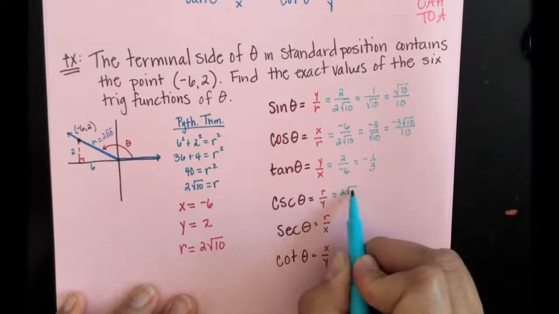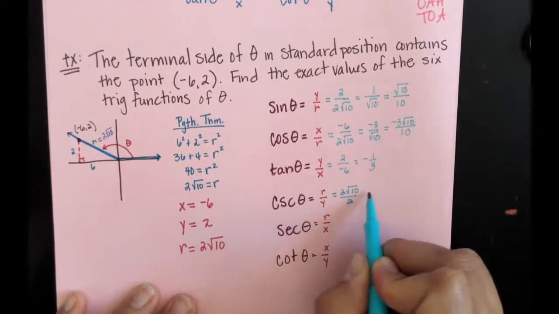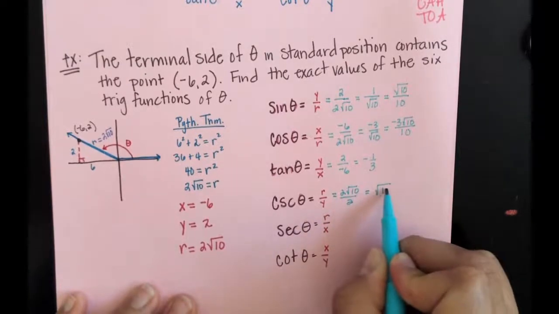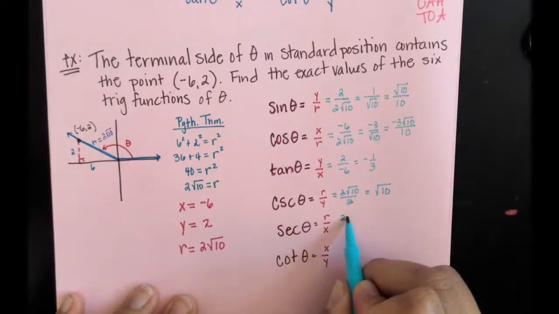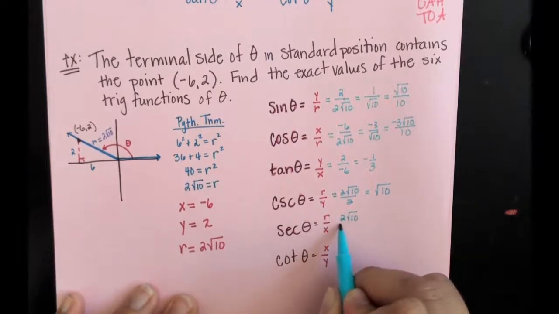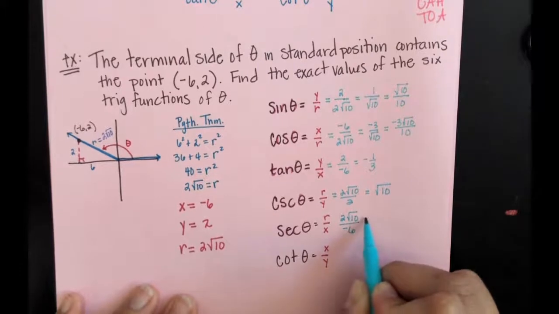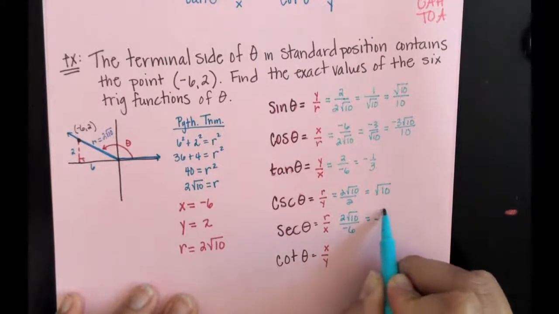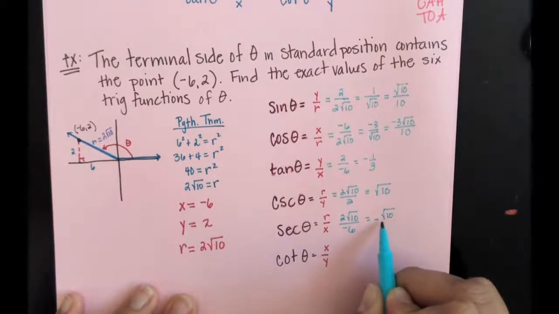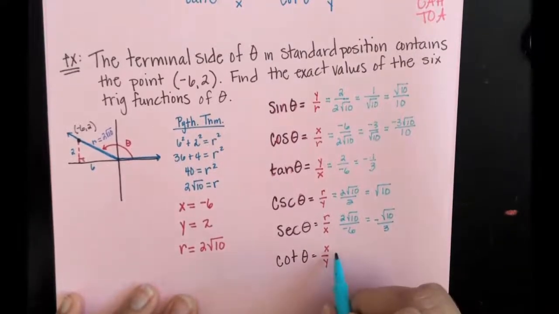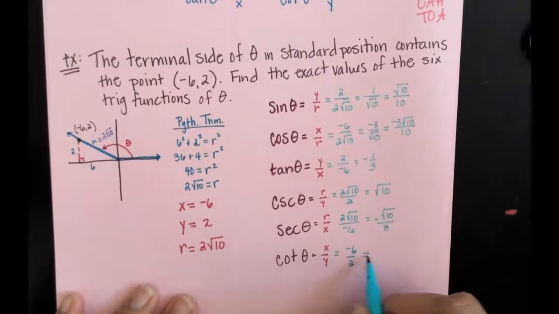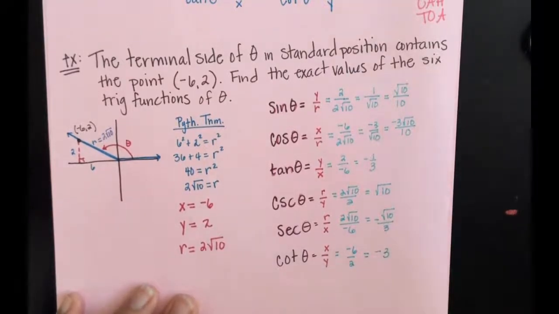So 2 radical 10 over 2 makes this just radical 10. 2 radical 10 over negative 6 makes this a negative radical 10 over 3. And negative 6 over 2 makes this a negative 3.